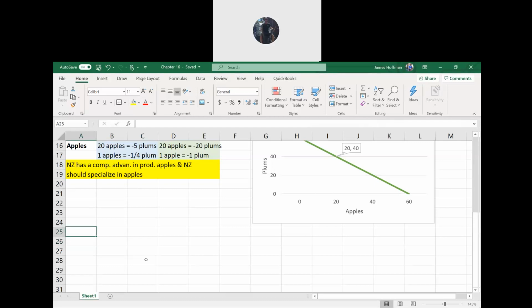All right. So I'm going to start making a table that we're going to finish as the problem goes on, but we just need the first couple columns first. So this is the country. And let's make a column called outputs before specialization.